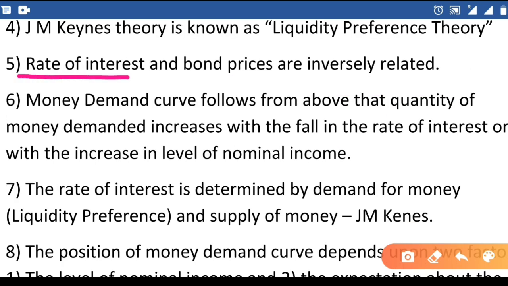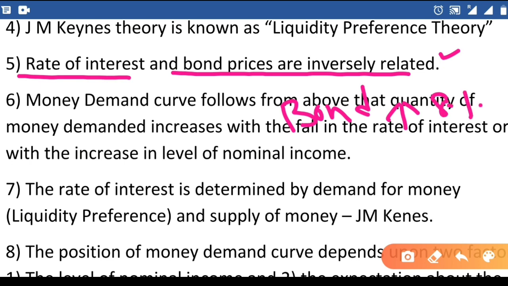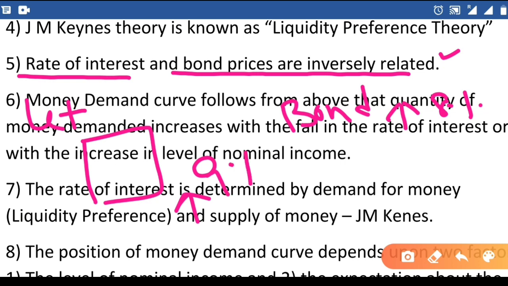Rate of interest and bond prices are inversely related. For example, we have a bond. This bond is giving 8% interest. Let us assume that there is a bank. If this bank gives 9% interest, what will the customer do? The customer sells this bond in the market.